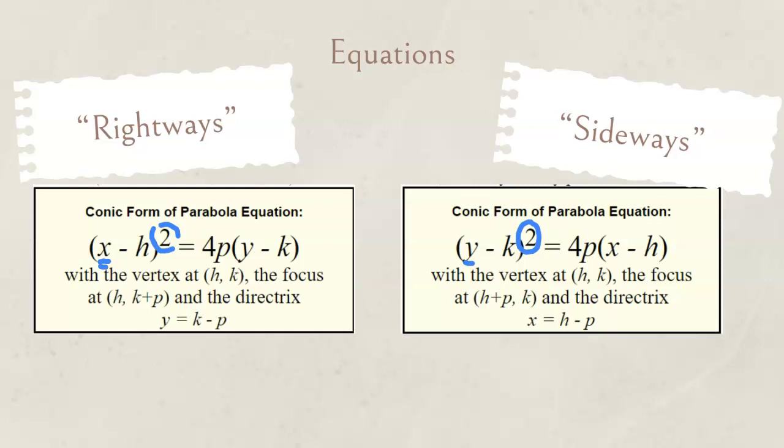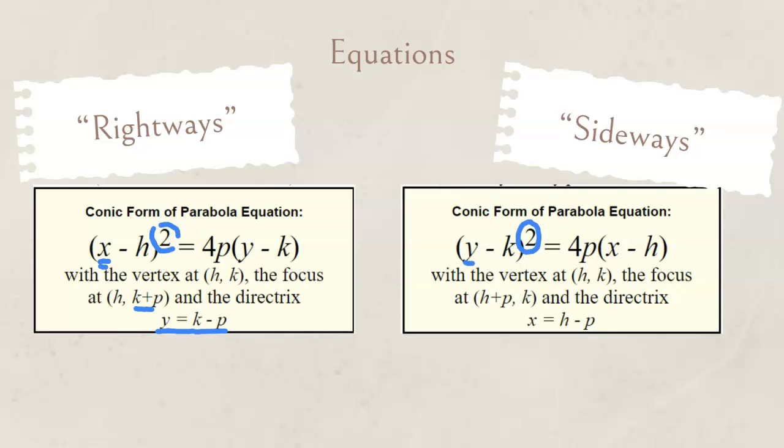When we're finding the focus and the directrix, if the parabola is facing the normal direction, then the directrix will be a y equals equation because it will be a horizontal line. And we will also change the y coordinate of the vertex in order to get the focus, but the x coordinate will stay the same.